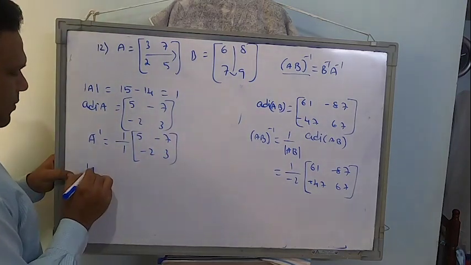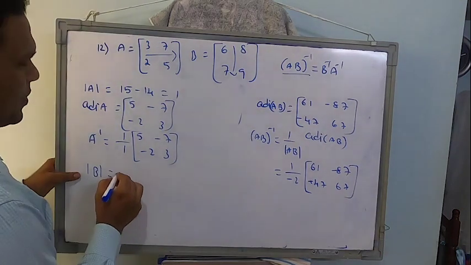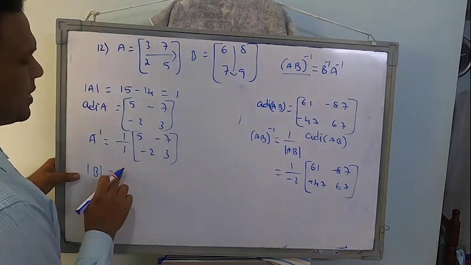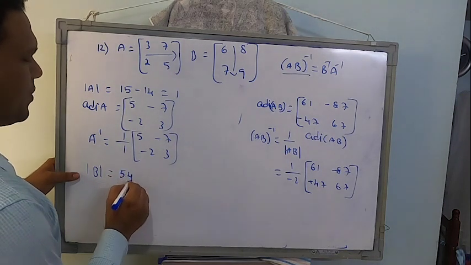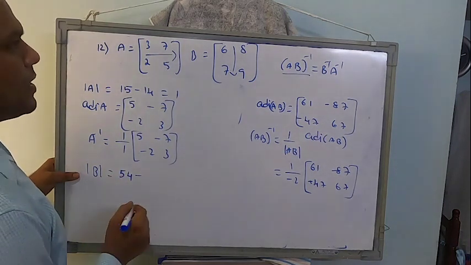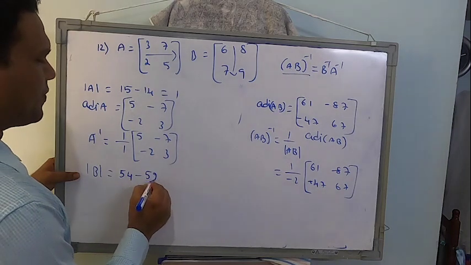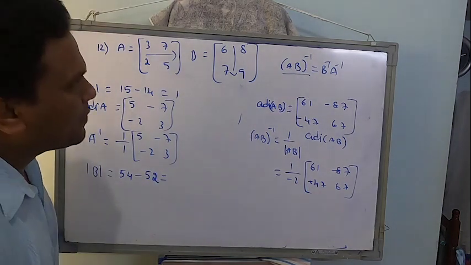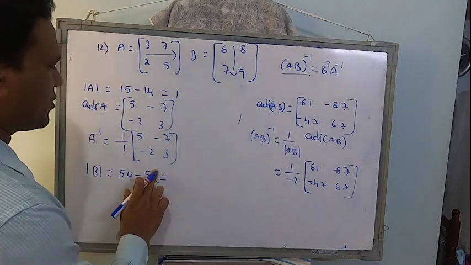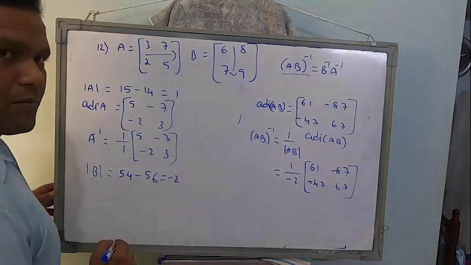Right. Then determinant of B equal to 6 multiplied by 9, so that's 54 minus 7 multiplied by 8, 54 minus 56. Sorry for that. And the value will be minus 2.